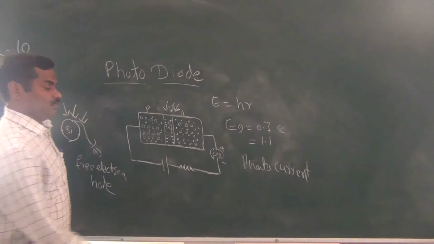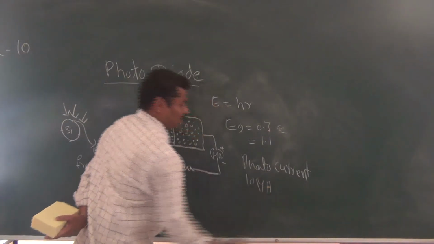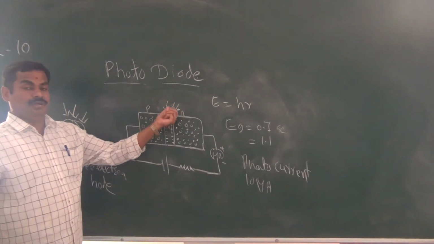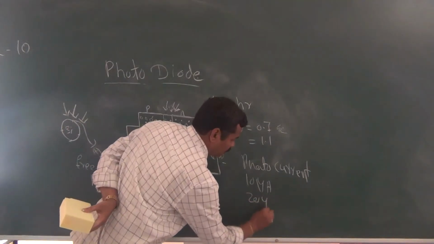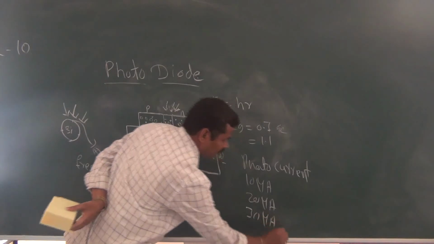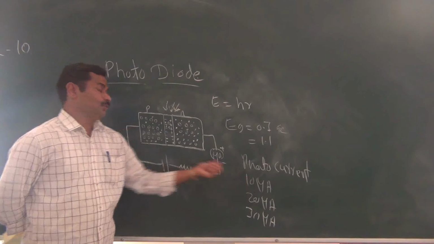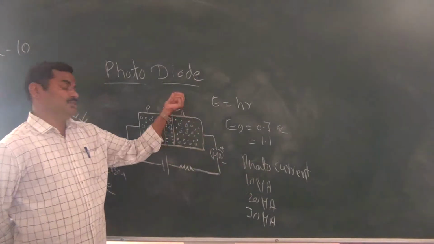Initially it is maybe 10 microamperes or something. And whenever you are inserting more light on the depletion layer, then what happens? This will increase. It may be 20 microamperes or it may be 30 microamperes like that. It means the photocurrent depends upon the incident light.